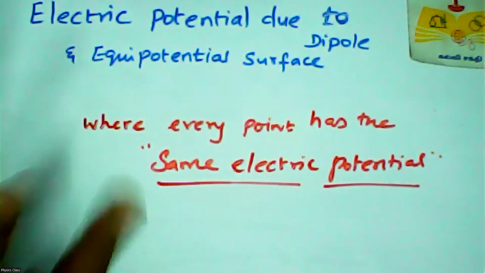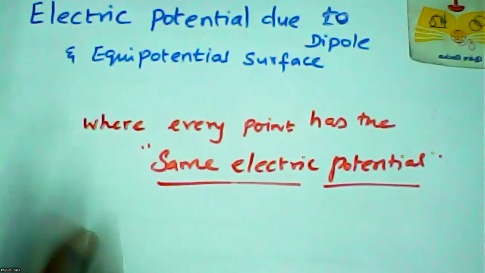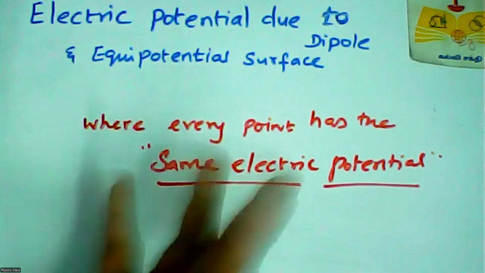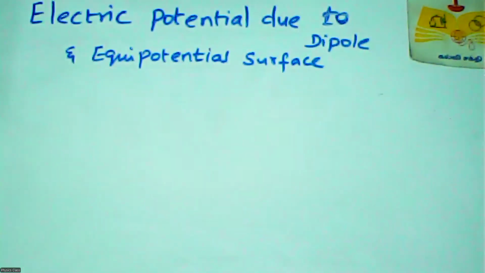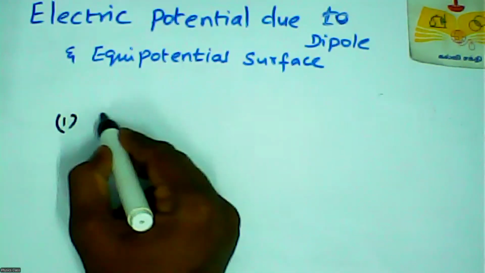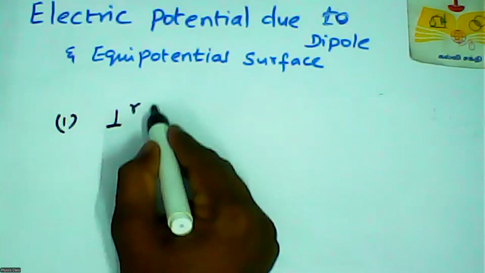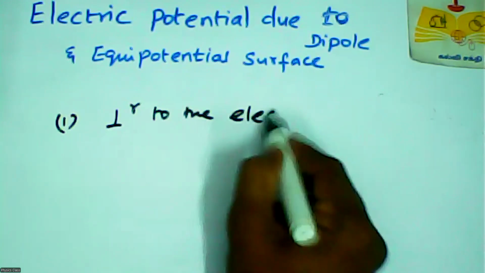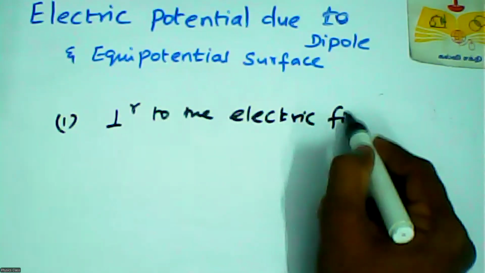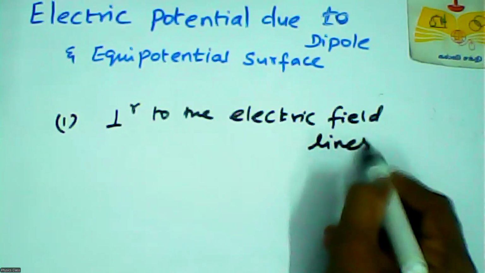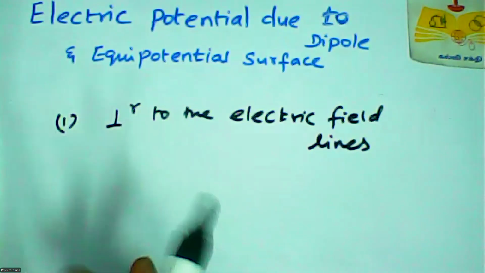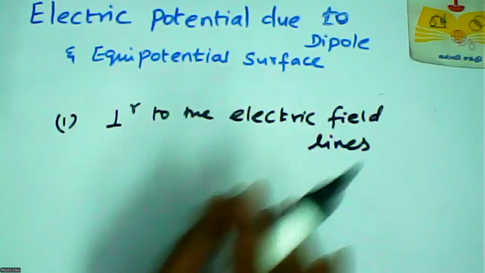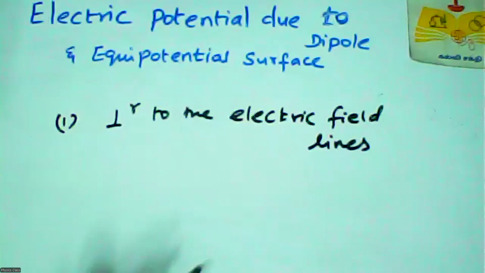Okay. So the equipotential surfaces have two important properties. One is they are always perpendicular to the electric field lines. This is because the electric field points in the direction of steepest decrease in potential, and there is no change in potential along the equipotential surface.